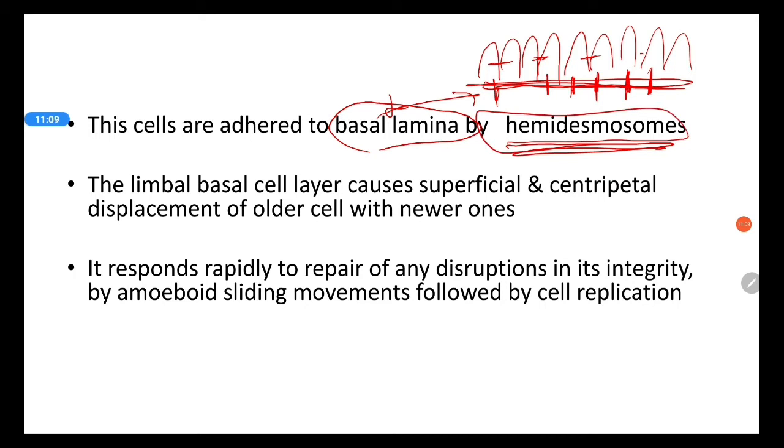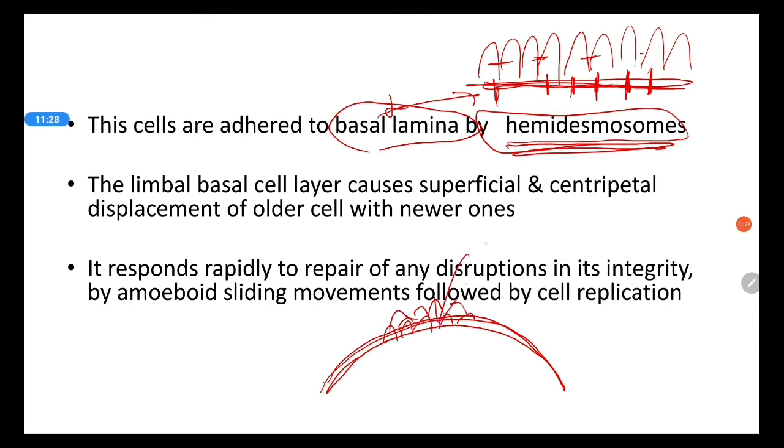Now the limbal basal layer causes superficial and centripetal displacement of older cells within newer ones. So when you have the corneal epithelium in this way, you know there are a lot of epithelial cells here.